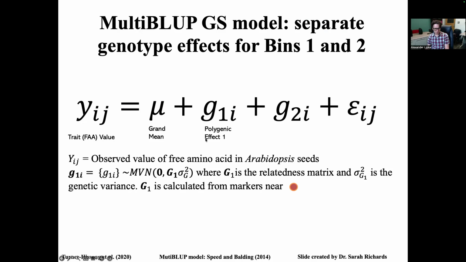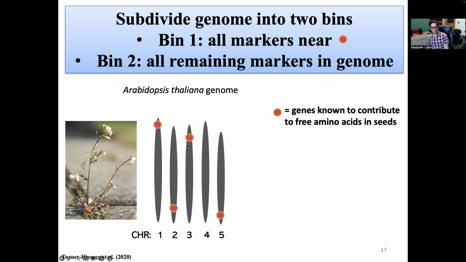Then we have this polygenic random effect, which follows this multivariate normal distribution. And this G1 matrix, okay? This is a VanRaden 2008 relatedness matrix, and it was calculated only using markers that were near these genes depicted by orange dots.